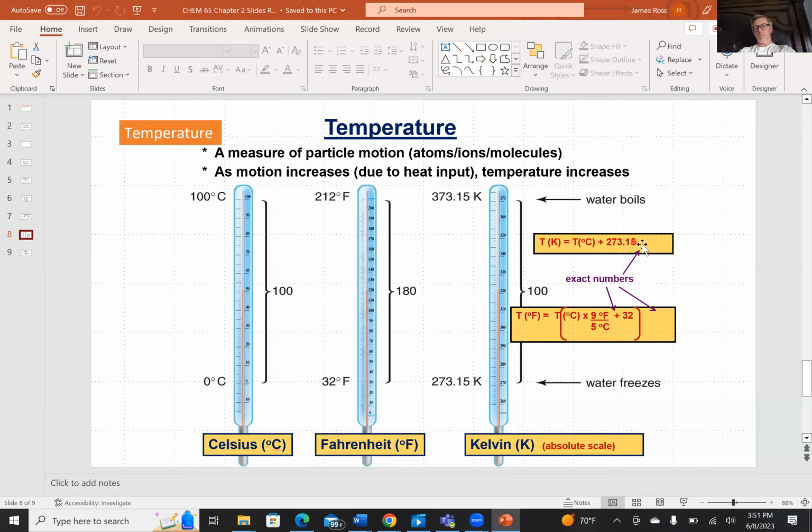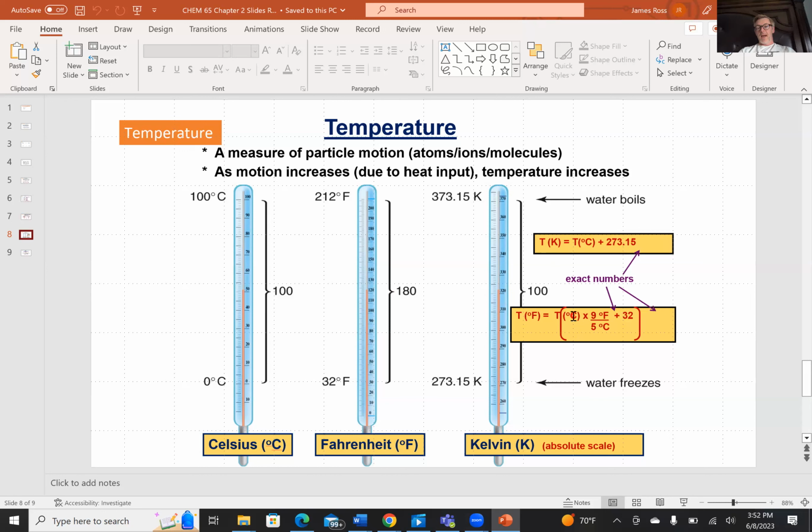So you're adding something with 2 decimals. So whatever your value is in Celsius, you're basically going to give Kelvin that corresponds to the least number of decimals. So if you have Celsius with 0 decimals and you add a value with 2 decimals, you have to preserve 0 decimals because that's the least number.